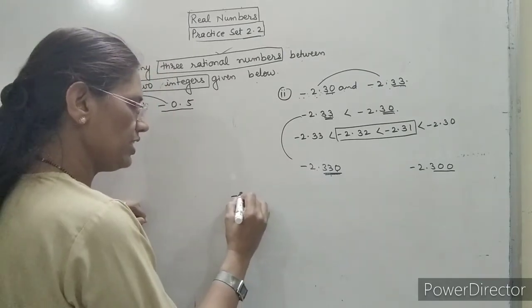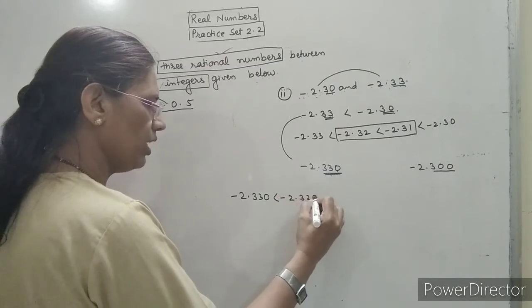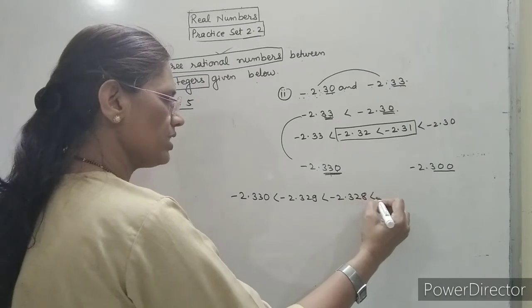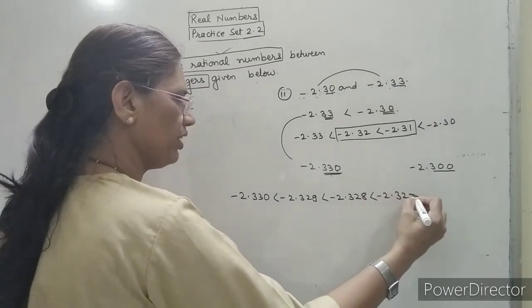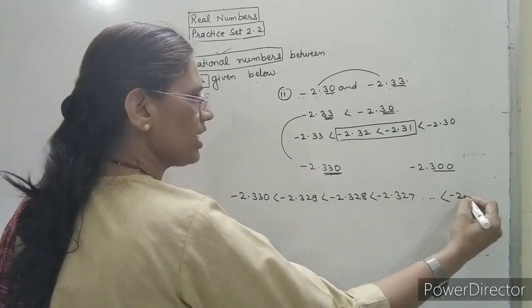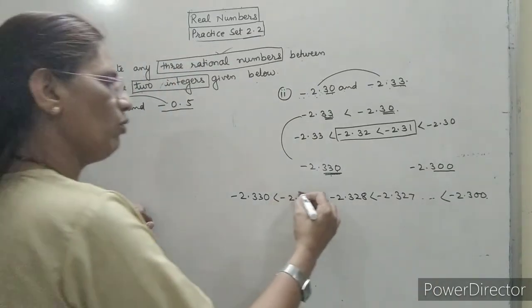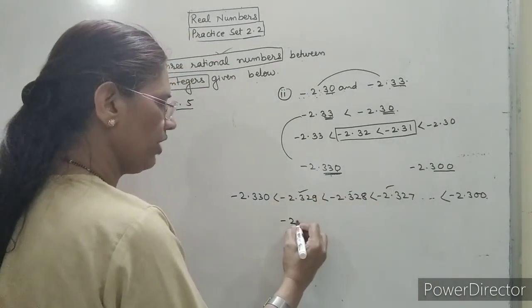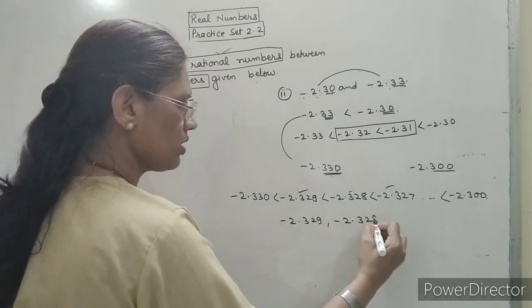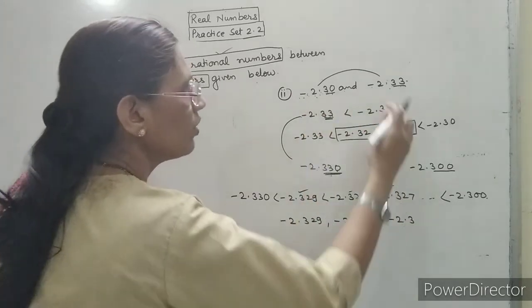Now we will write this as negative 2.330 is less than negative 2.329 is less than negative 2.328 is less than negative 2.327 and so on, is less than negative 2.300. Okay, we want 3 rational numbers and here we are getting 3 rational numbers between negative 2.3 and negative 2.33.